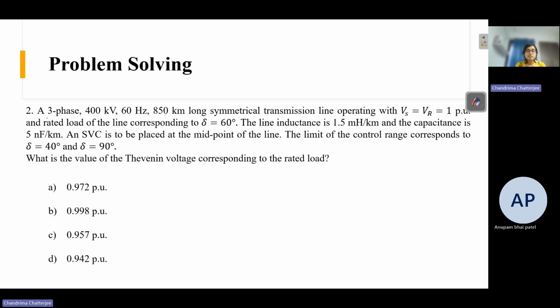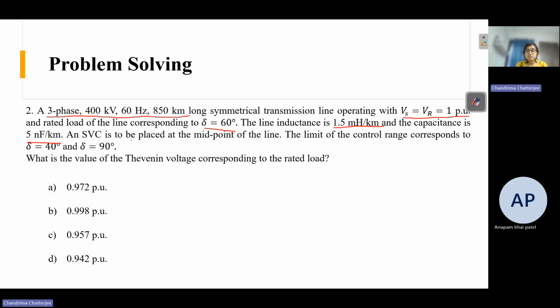A three-phase 400 kV 60 Hz 850 kilometer long symmetrical transmission line operating with Vs equal to Vr equal to 1 per unit and rated load of the line corresponding to delta equal to 60 degree. The line inductance is 1.5 millihenry per kilometer. Capacitance is 5 nanofarad per kilometer.